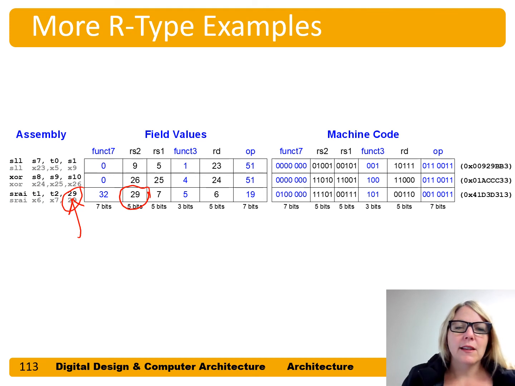So in shift immediate instructions, that RS2 field holds an immediate and not a register number. And again, the funct field indicates it's some kind of shift operation, an immediate shift operation, and we have our shift amount here in the RS2 field.